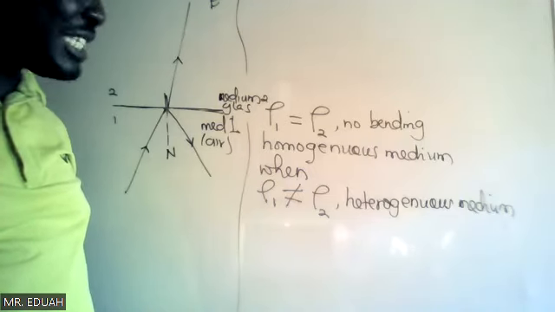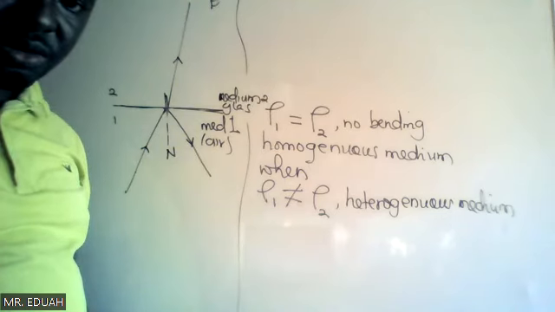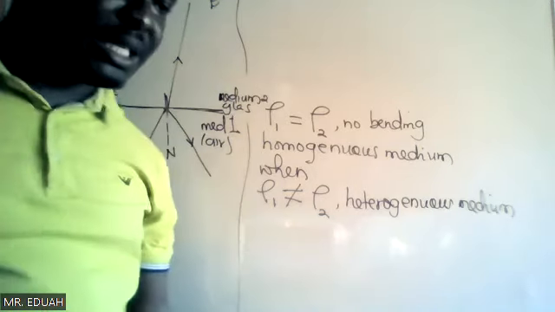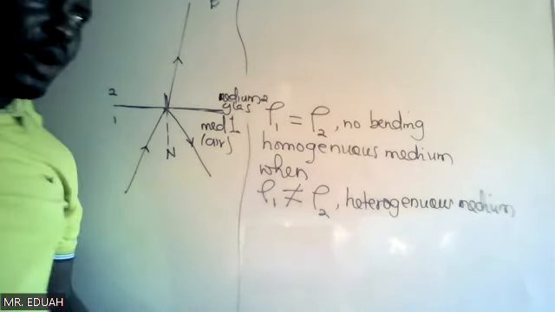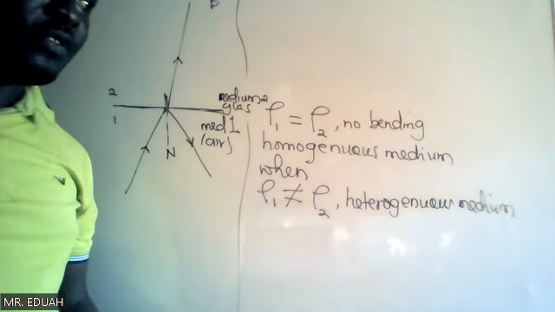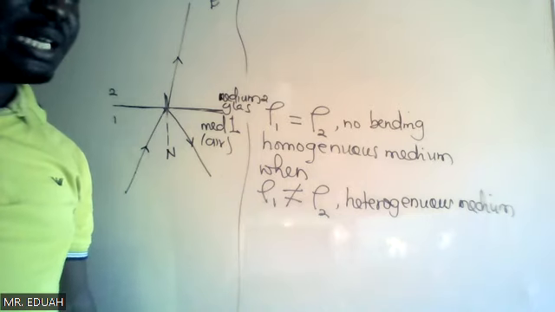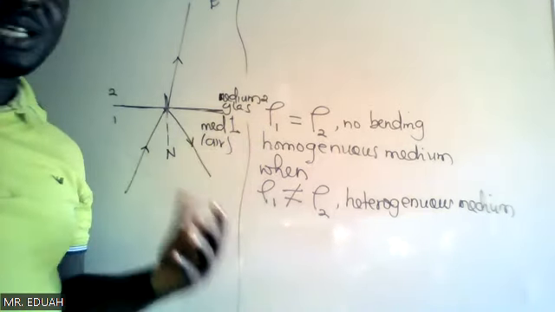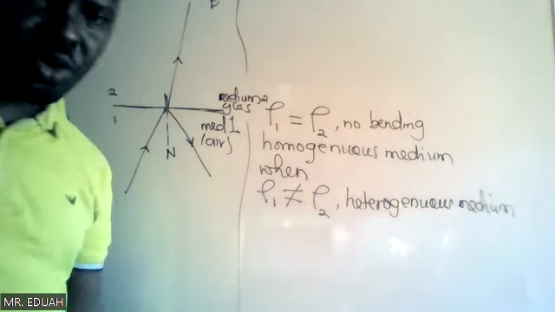The light will just pass through it. So it's not refraction of light. Refraction is the bending of light, or when the speed of the light changes from one medium to another. But what I'm saying is that if we have two materials having the same density, there wouldn't be bending at all.